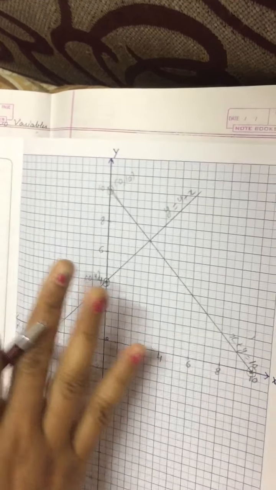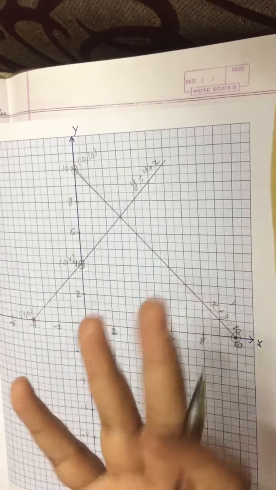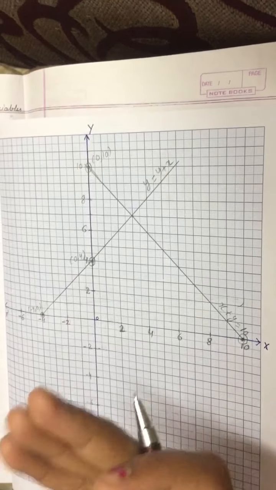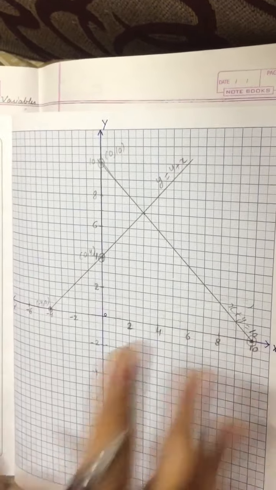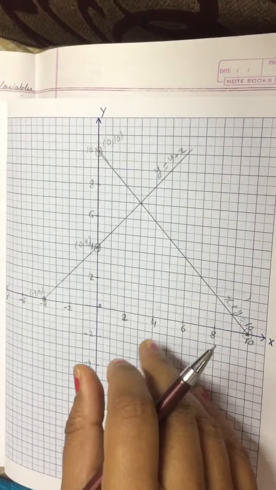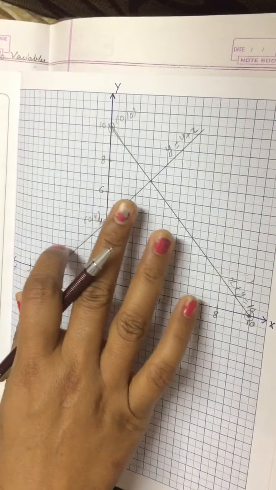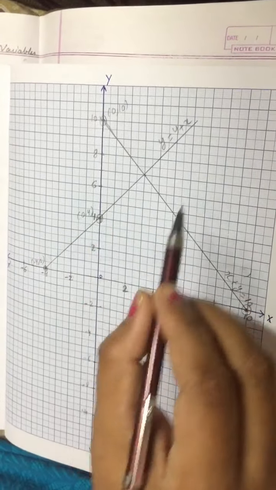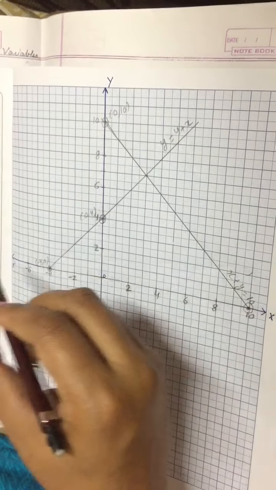But we have to calculate the number of boys and number of girls, which means I have to calculate the x and y values. So from the graph we have to find the values. And what is the method? You can see from the graph that the two lines representing the equations intersect each other.